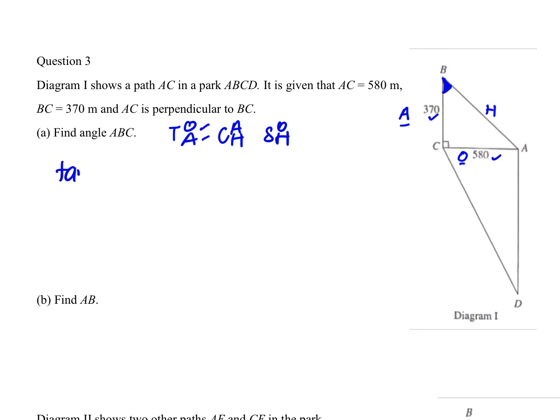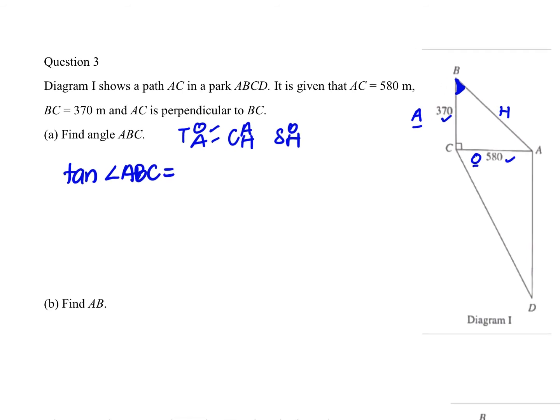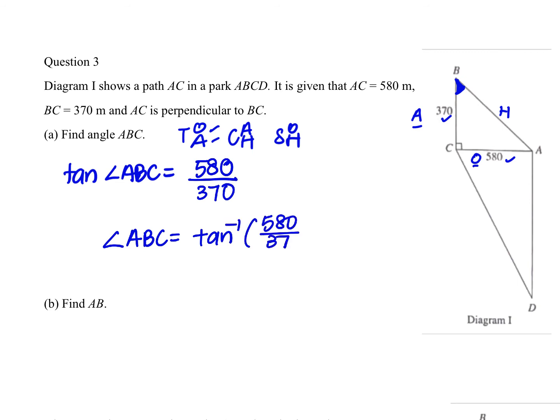So tangent of angle ABC is equals to opposite over adjacent. So opposite is 580 over my adjacent 370. Okay, in order to find angle, we use the inverse. So angle ABC is tangent inverse 580 over 370.